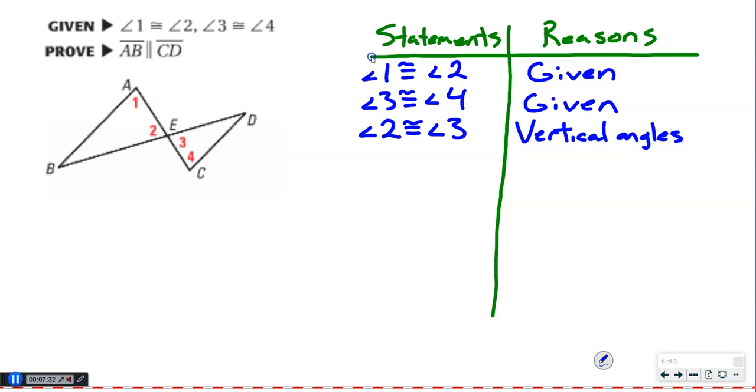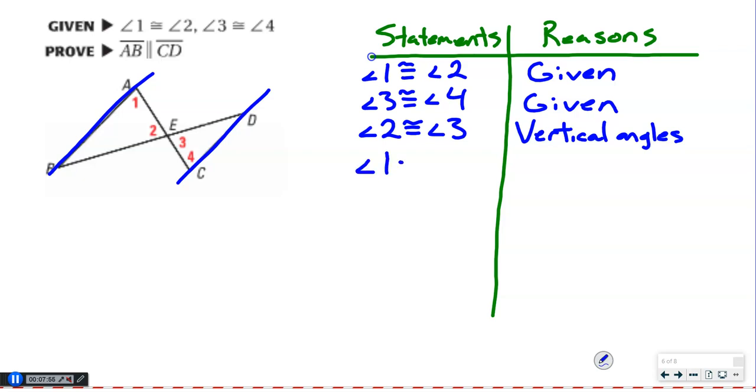We're eventually trying to prove that AB and CD are parallel. So we want to prove that these two are parallel. To do that, we need to show that 1 and 4 are congruent.